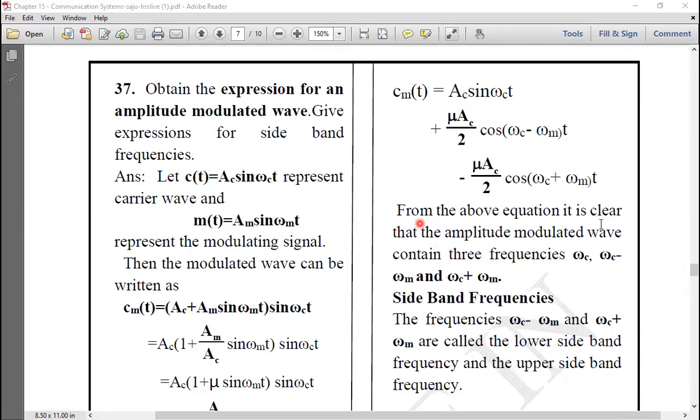From the above equation, it is clear that the amplitude modulated wave contains three frequencies: ωc, ωc minus ωm, and ωc plus ωm. Okay, so the sideband frequencies are what? ωc minus ωm and ωc plus ωm are the lower and upper sideband frequencies. This is the lower sideband frequency, this is the upper sideband frequency.